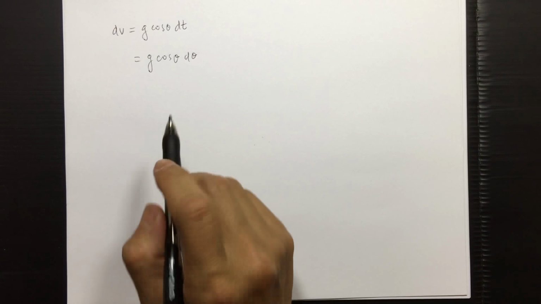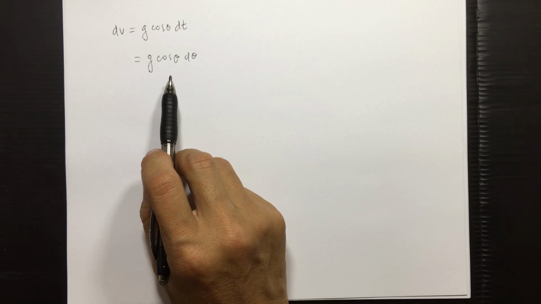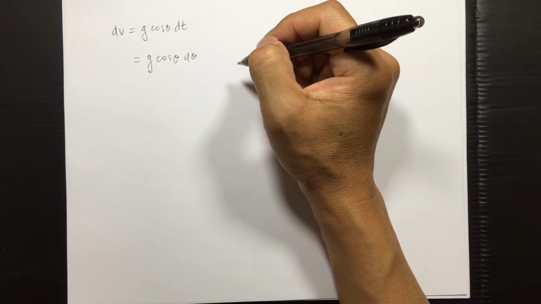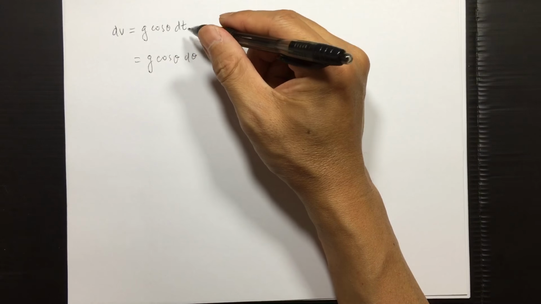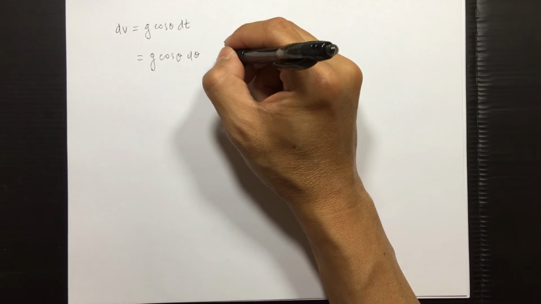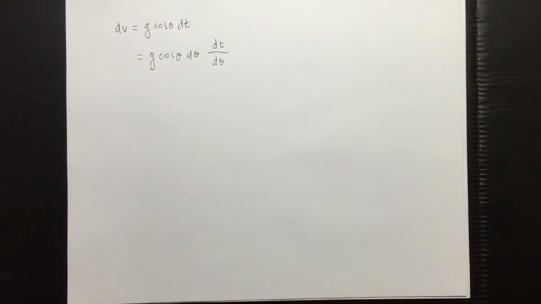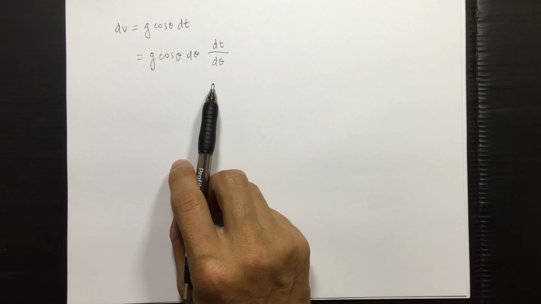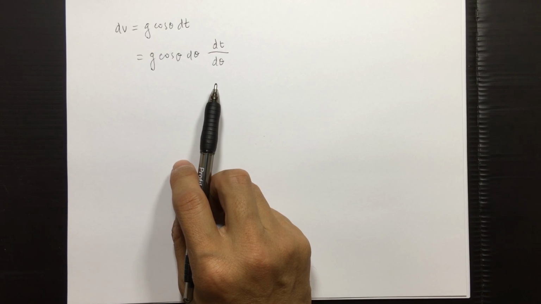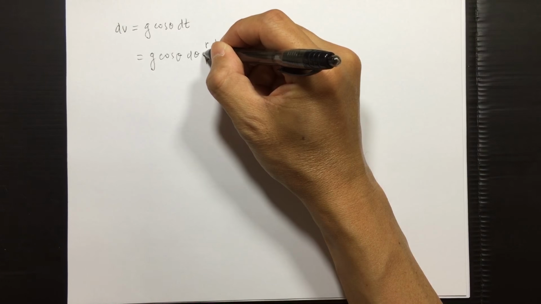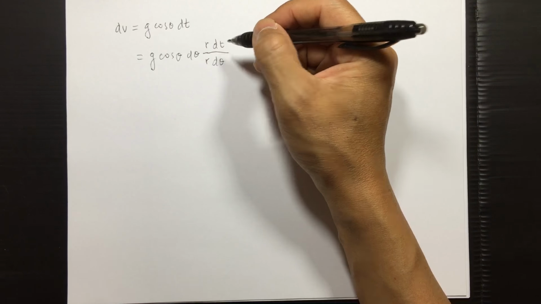This we can integrate. Obviously this is no good because this is not what we have here, so you have to divide by d theta and multiply by dt. By the way, this is the velocity, right? So you multiply by r, and this becomes velocity.